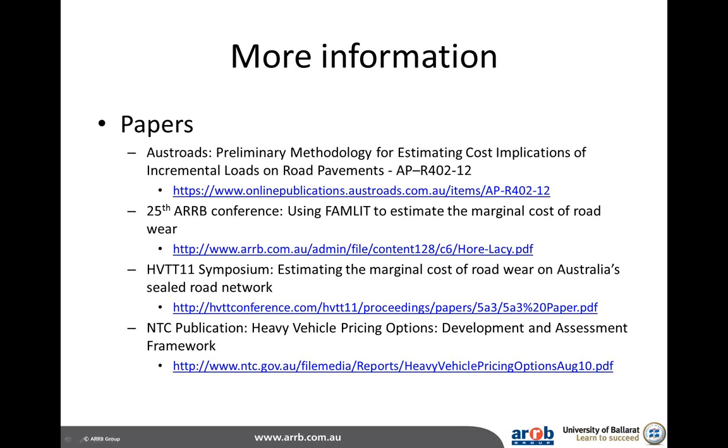Just reading through a question from John Roberts here. He's asked, for local government application, is FAMLIT sensitive enough to assess the marginal cost from a change in forestry harvesting? I would think it would be. I haven't done a specific investigation in that area, but I suspect it would be.